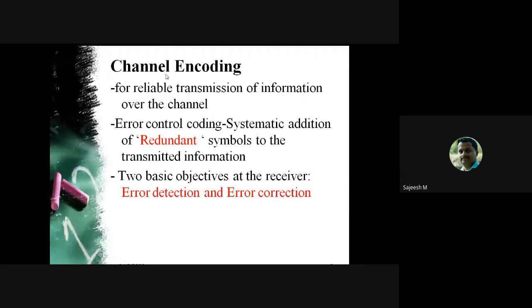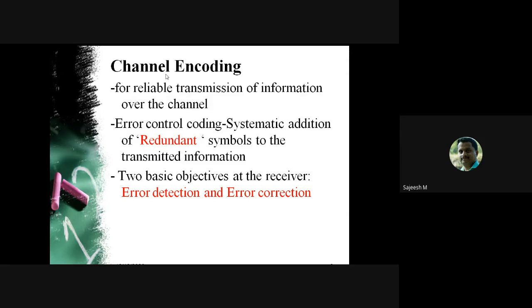That is error control coding. Basically, in error control coding we add some redundant symbols to the transmitted information.